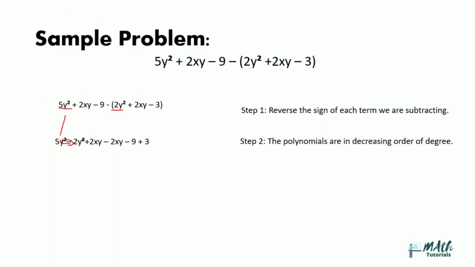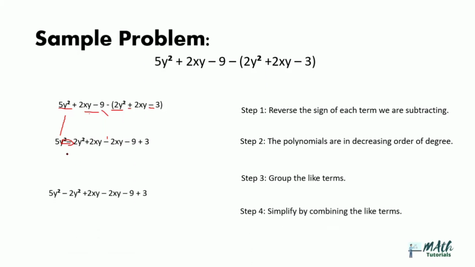Negative 2y squared plus, bring down the 2xy, minus, reverse again, the positive sign changes to the negative sign, 2xy. Minus 9, bring down 9, and change the sign, plus 3. Step number 3, group the like terms.